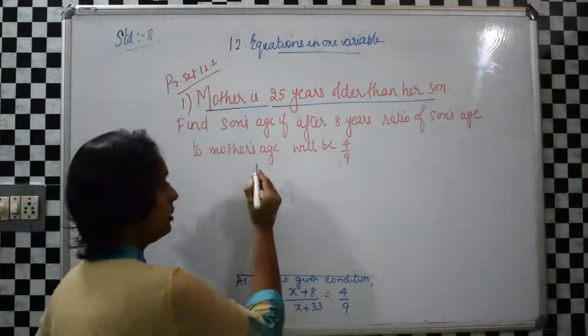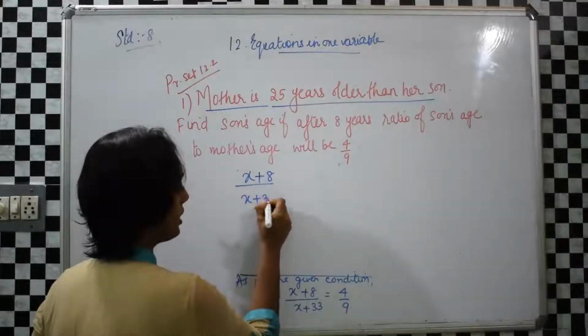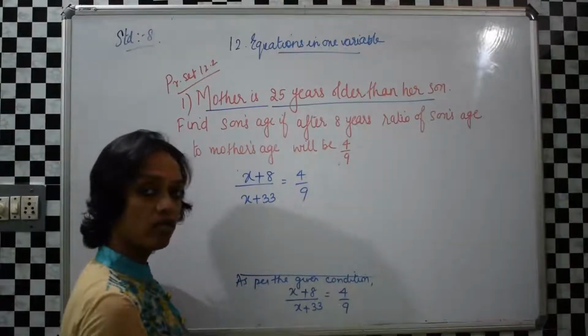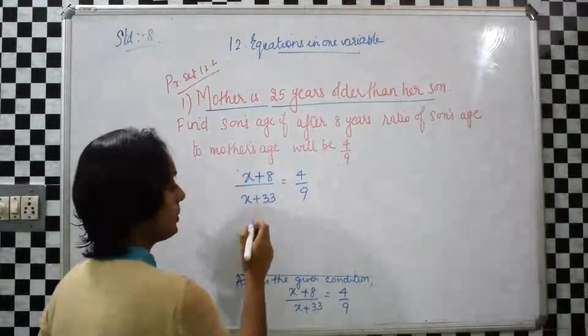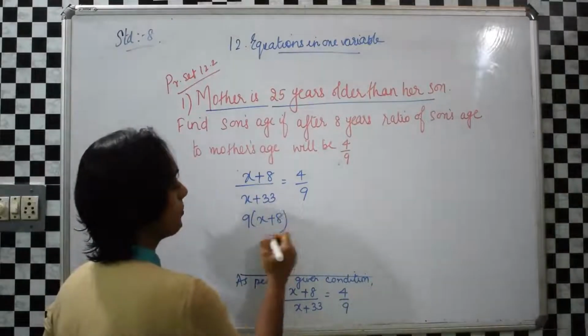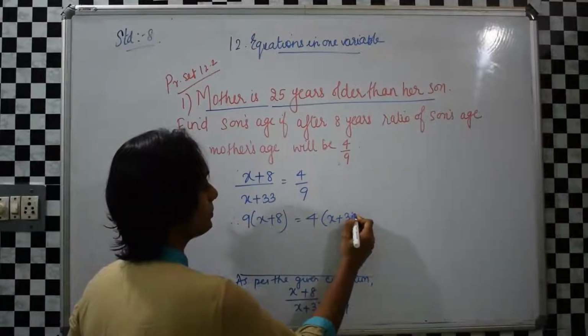I will take this here, x plus 8 upon x plus 33 is equal to 4 upon 9. Now what I have to do is do the cross multiplication. 9 into x plus 8 equals 4 into x plus 33.